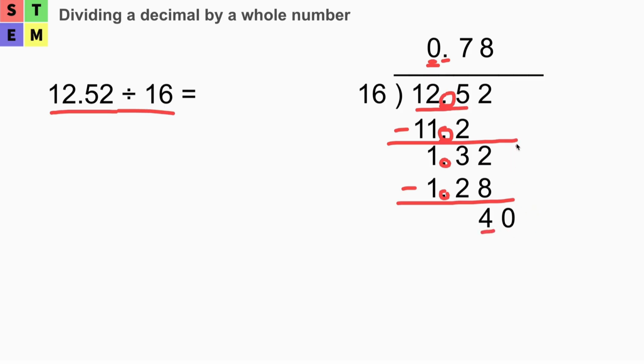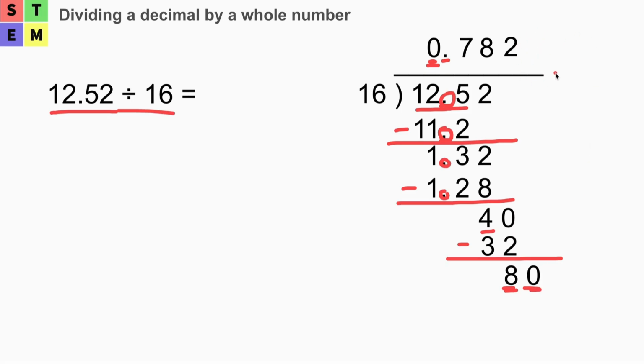Let's add in 0 because we don't have any digits left. How many 16s are there in 40? We have 2 and 32, okay? So 40 minus 32, we will have 8. And we're going to keep adding 0 to calculate further.